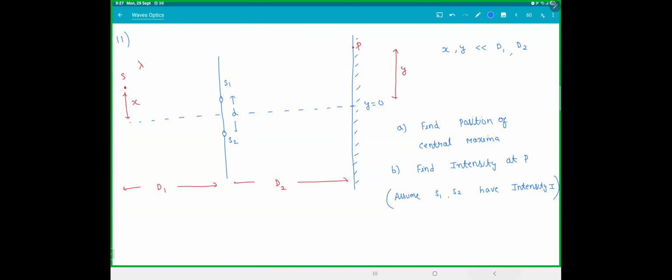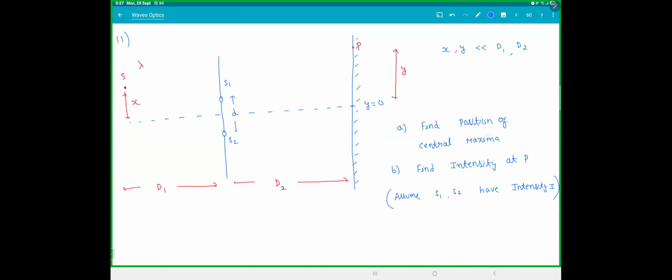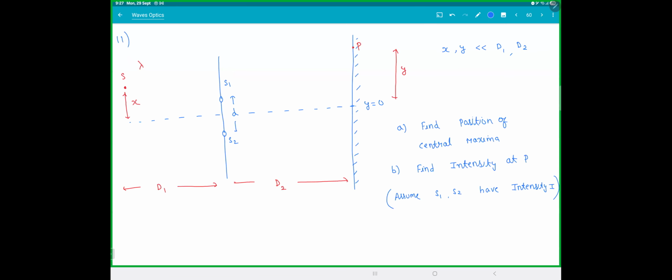Now, again, don't think about that source and all. End of the day, what do you want to find? You want to find delta x. So let's see from the slits' perspective. Forget about YDSE and everything.